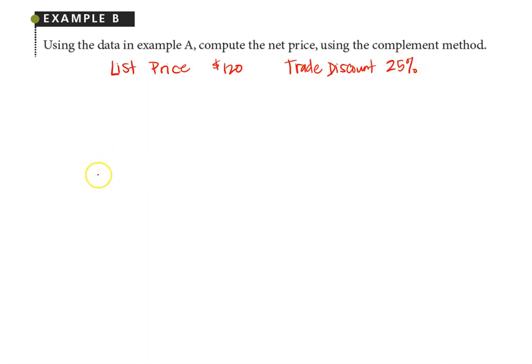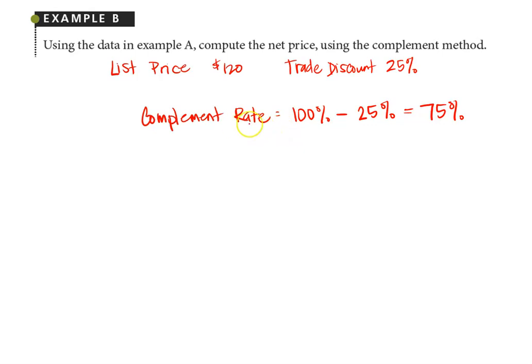The first step, if you recall, is to find the complement rate. The complement rate is always going to be 100% minus the trade discount amount of 25% in this case. So this gives me a complement rate of 75%.